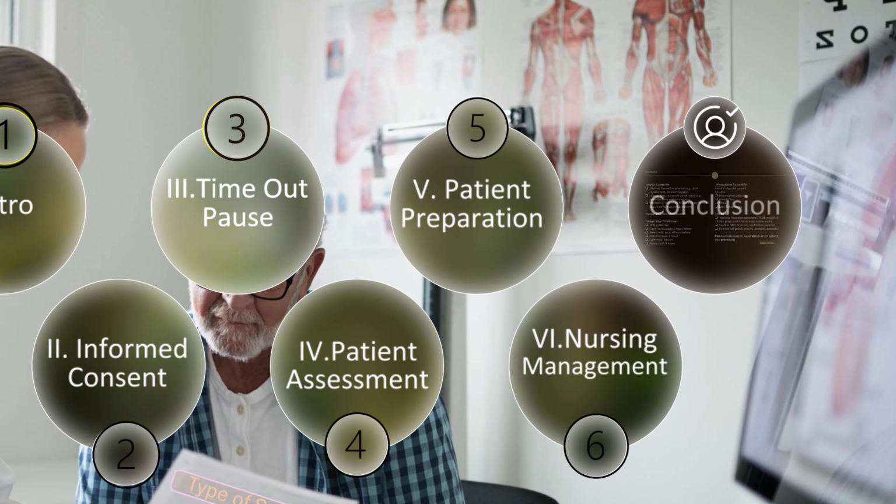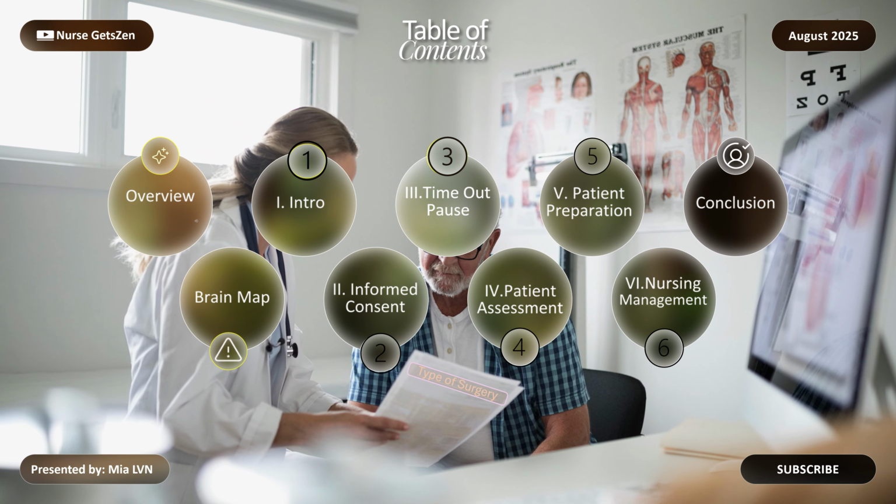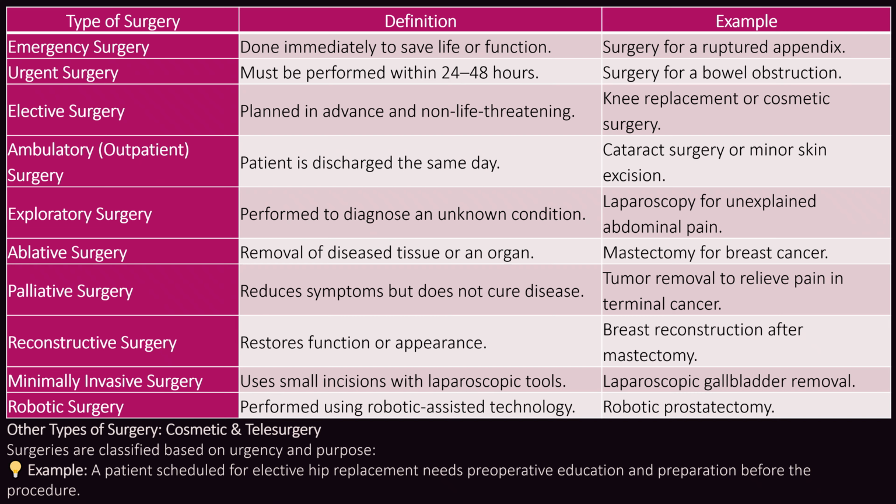And we can go on to learn more. We have types of surgery, like we said. Emergency surgery, so the example is a ruptured appendix.